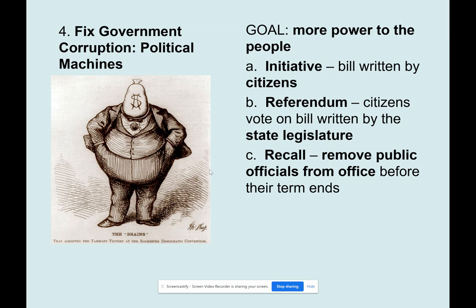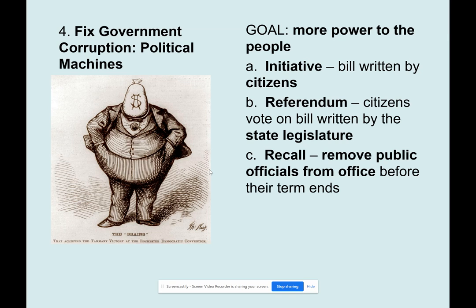Okay, the third thing that they institute is called a recall, where you can remove public officials from office before their term ends. This is at the state level. At the federal level, when we try to remove the president early from office, anybody know what that's called? That's right, impeachment. There was no process to do that at the state level.